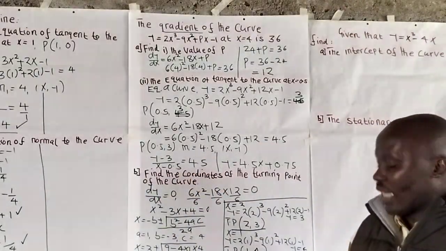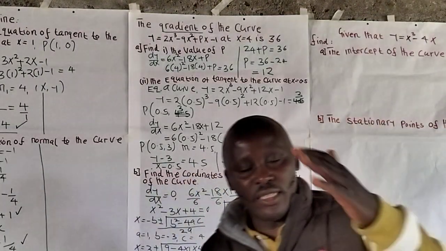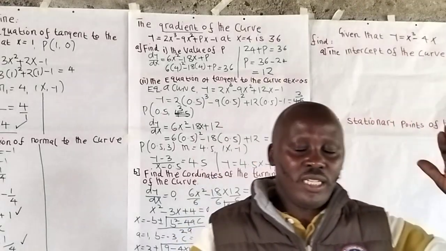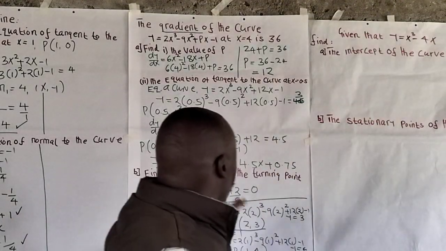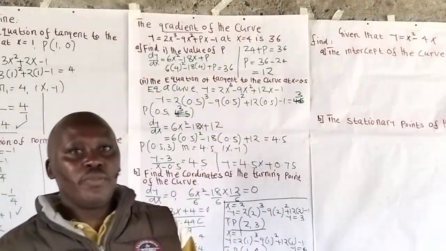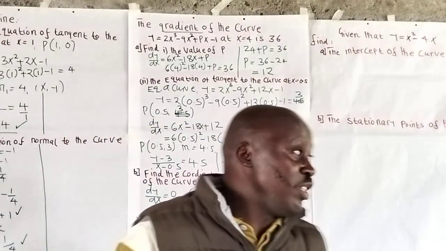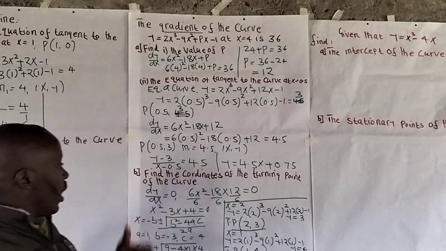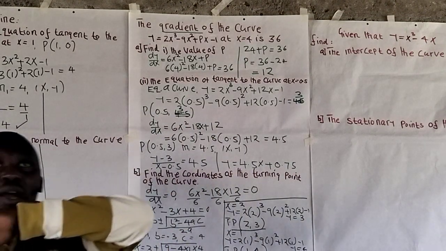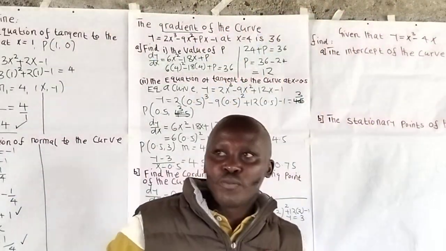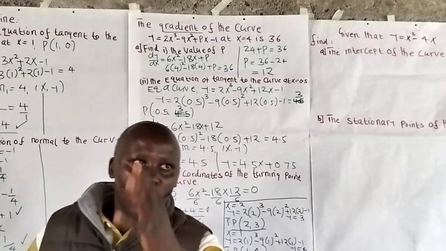Remember, the turning point of the curve is the same as when the particle is at rest, when the particle is at the highest point, or when the particle is at the minimum point. It might be at the highest point, or it might be at the lowest point.